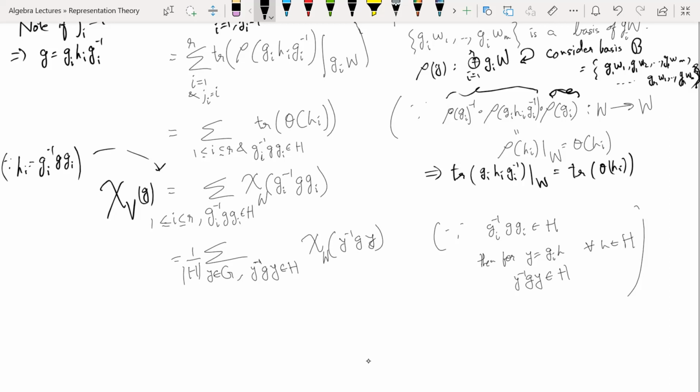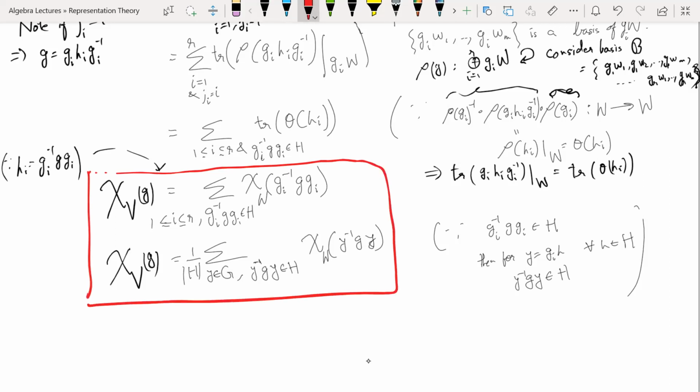If one particular representative of the coset has it, then every element of that coset has it. So you are adding this |H| times. So all you have to do is divide each of these sums by |H|. You could put 1 over |H| inside, but then you can pull it out, so 1 over |H| outside. So that's the formula you get.